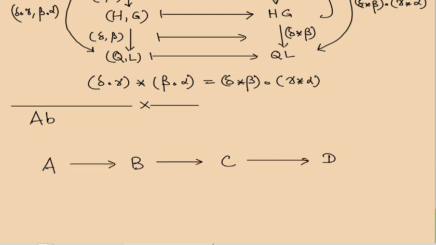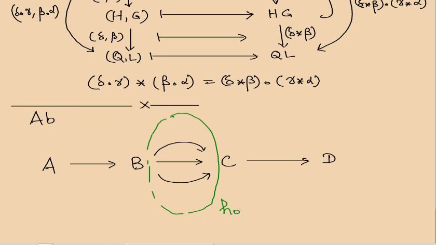These are homomorphisms, group homomorphisms. But then, if you look into Hom(B, C), this is again an abelian group.